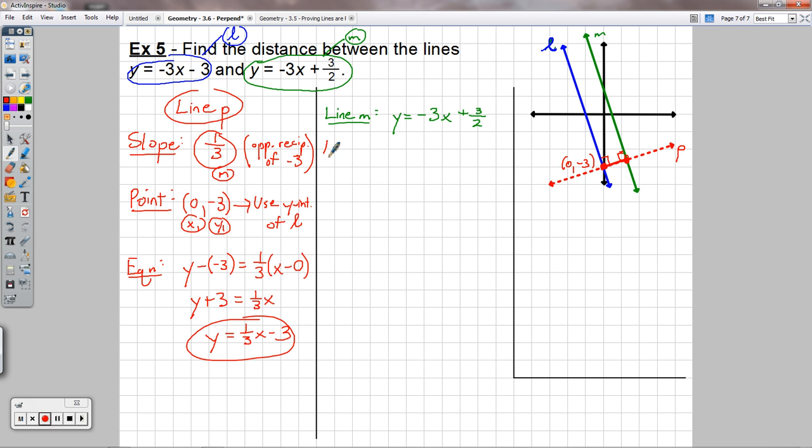And for line P, we have y equals 1/3 x minus 3. So just like before, I'm saying this one and this one can be set equal to each other since they both equal y. So we would have -3x plus 3/2 equals 1/3 x minus 3.